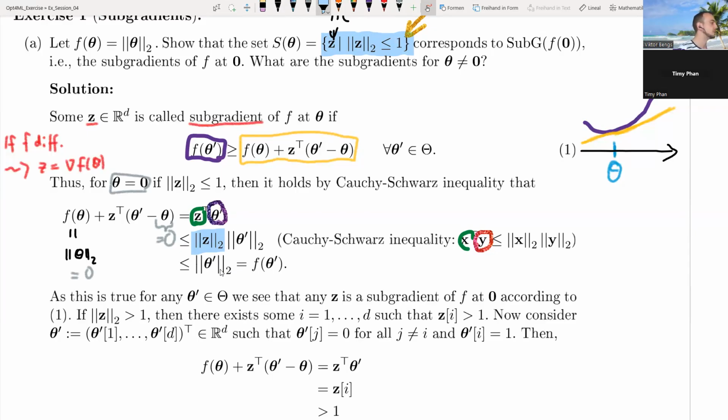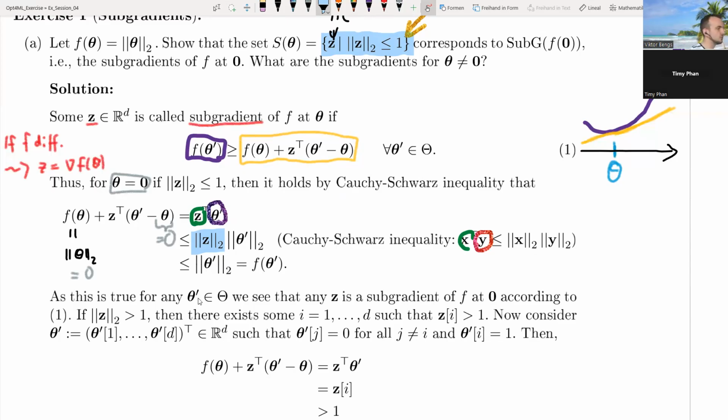So what remains is the Euclidean norm of theta prime, which is obviously the function evaluated at theta prime, because our function maps a vector to its Euclidean norm. So we started with this linear function in theta prime, bounded it from above by f of theta prime, and this is exactly the subgradient condition.